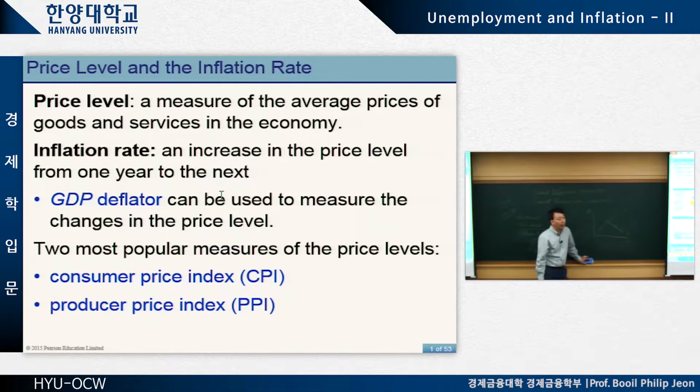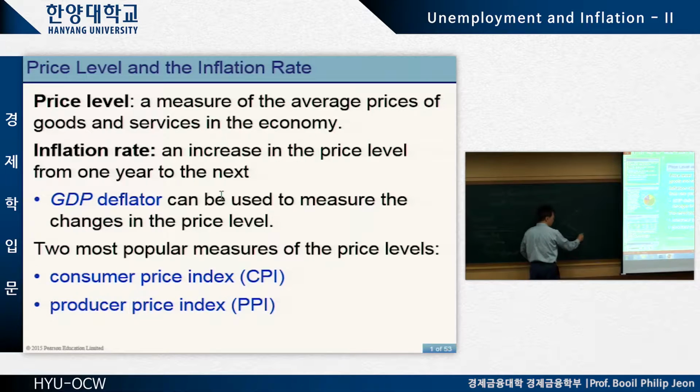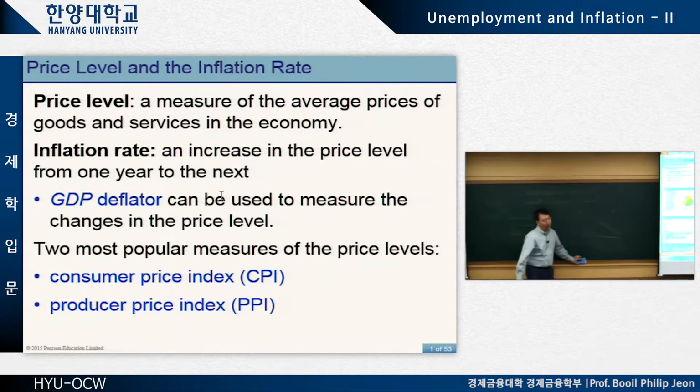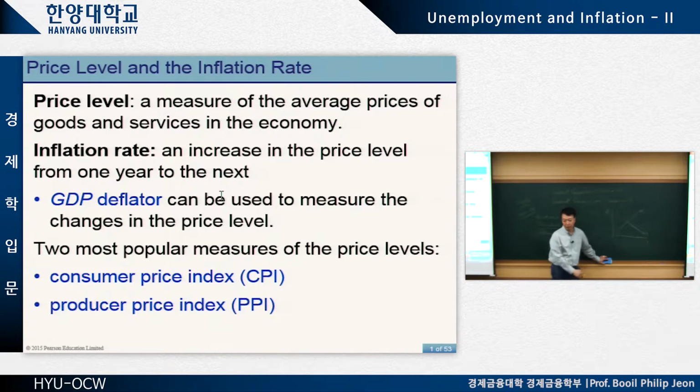Again, we're not talking about any single product here, but the overall demand and overall supply in the entire economy. We call that aggregate supply and aggregate demand, basically total demand for goods and services.